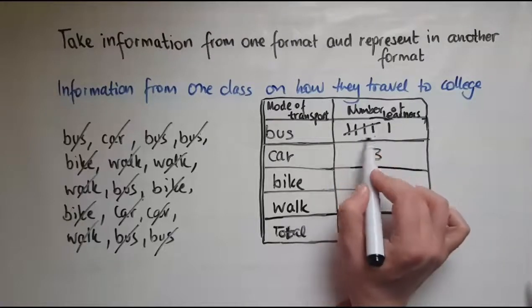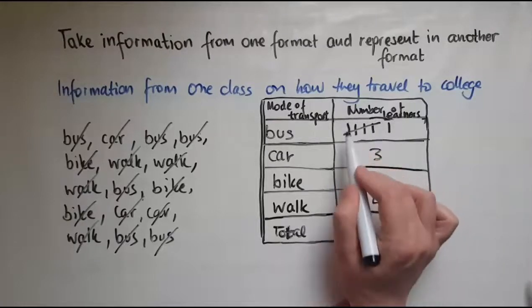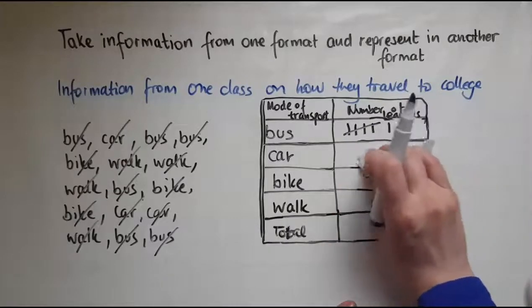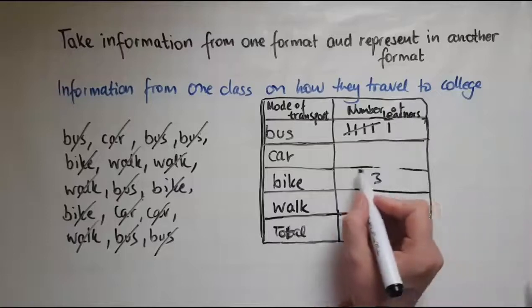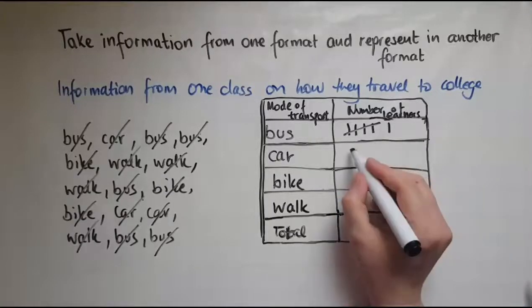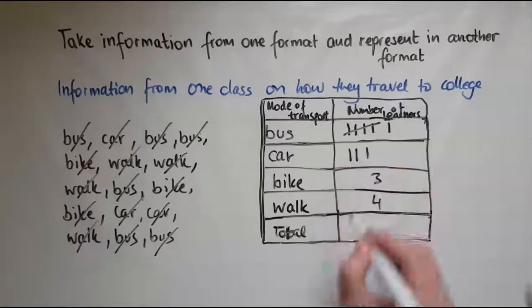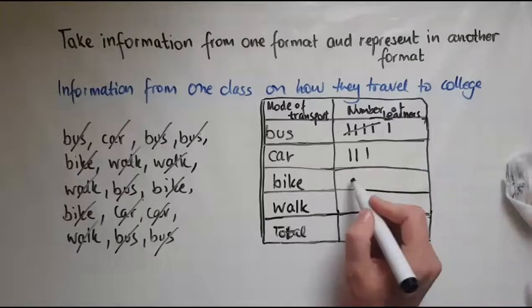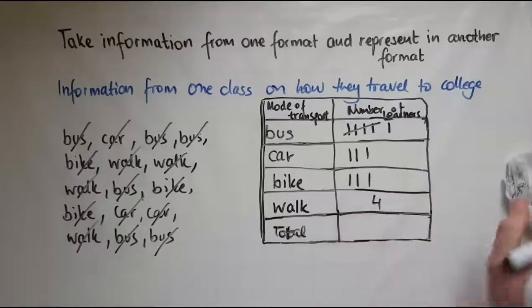In this way I can read a block of 5 very quickly. I don't need to count the marks, the tallies. So now car, there's 3 of them, so I'll go 1, 2, 3, and the same thing with a bike. 1, 2, 3.